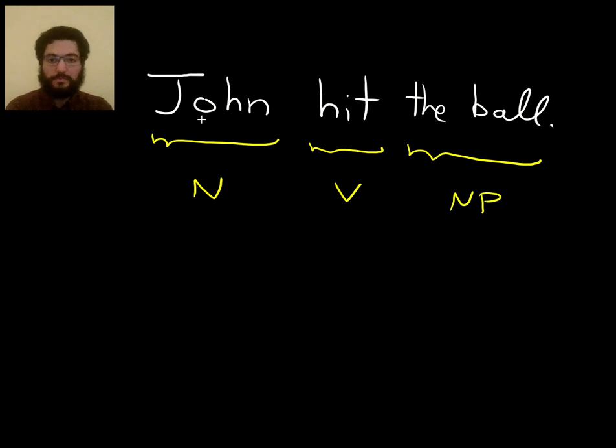No matter what you end up putting there, just the fact that you have these parts of speech in this order is enough to tell you that this is a grammatical sentence. So one of the rules of English grammar is that noun, verb, noun phrase in that order is grammatical.